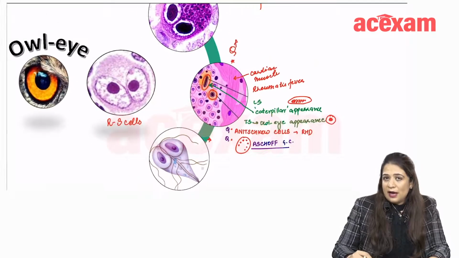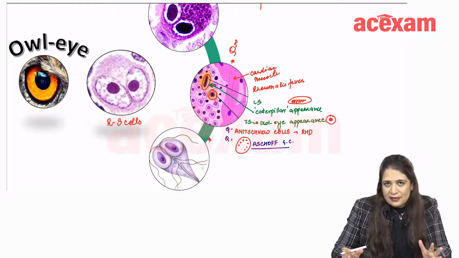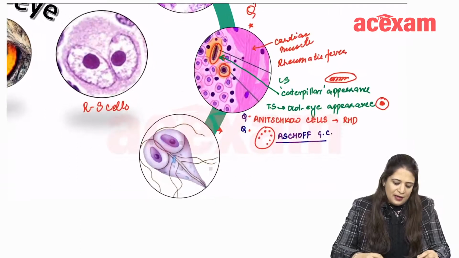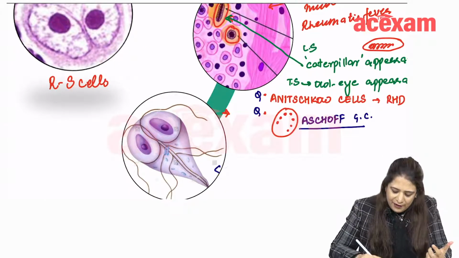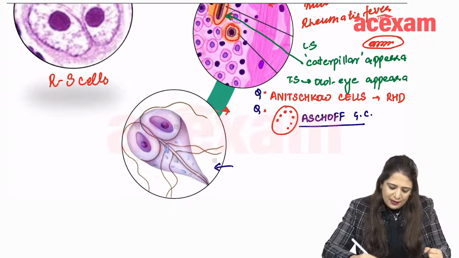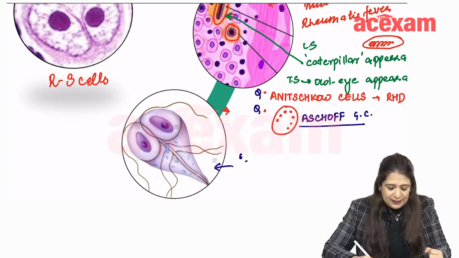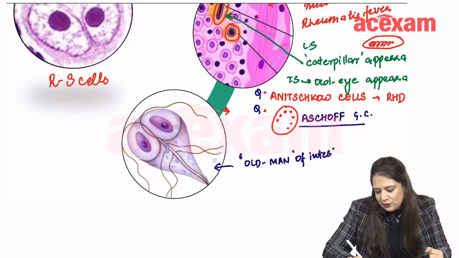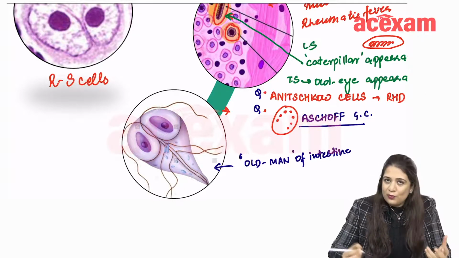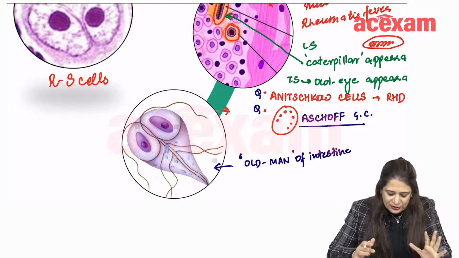Then, let us look at where else this owl eye appearance is seen. And this picture is again so beautiful. If I give you a hint that this organism is known as the old man of intestine, because this looks so alive, it just looks like two eyes are staring at you from this picture, right?